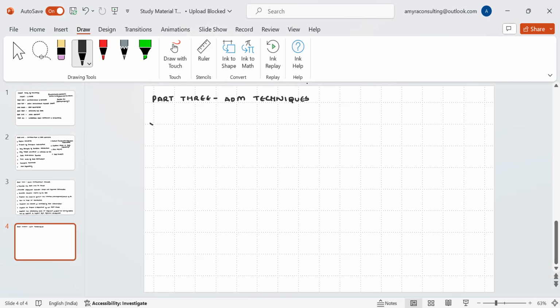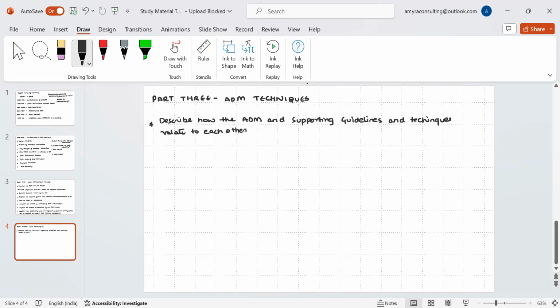In ADM techniques, you should know how to describe how the ADM and supporting guidelines and techniques relate to each other.